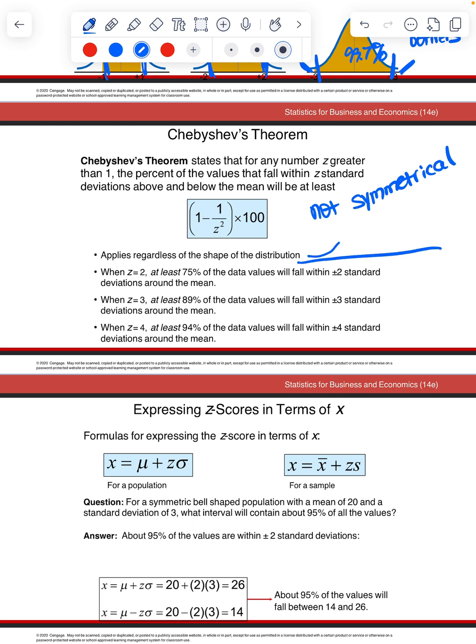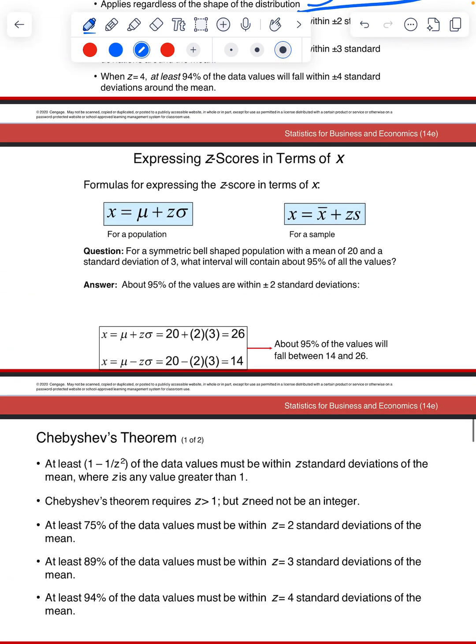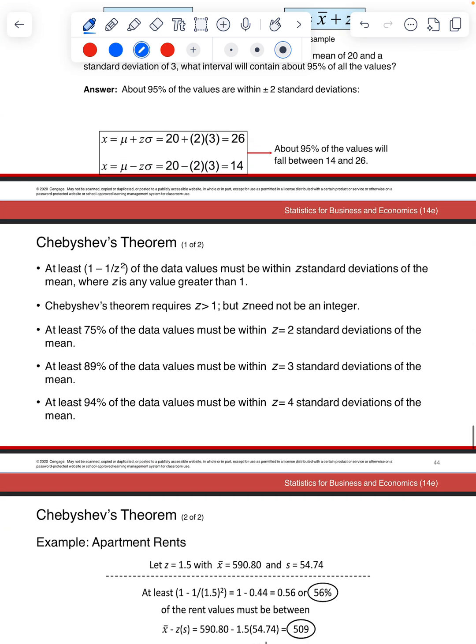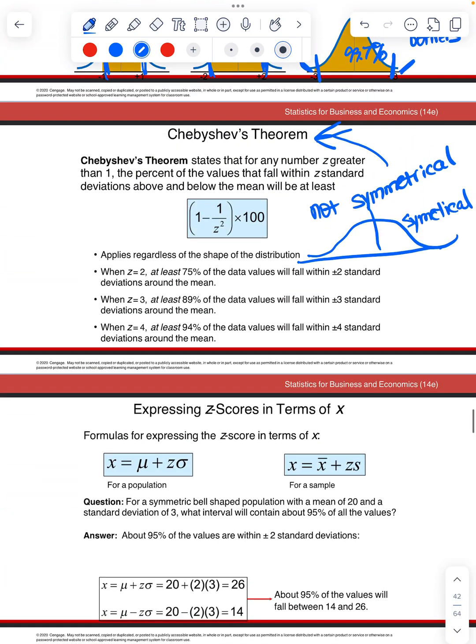This is what is symmetrical, okay? This is your typical bell shape. This is symmetrical. But if it is not symmetrical, you are going to use Chebyshev's theorem. And I'm not going to get into a lot of this other than you just need to know Chebyshev's theorem is for not symmetrical distributions.